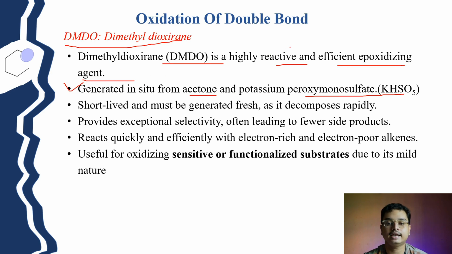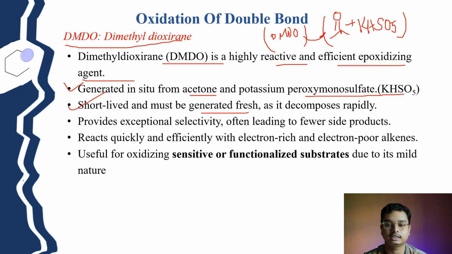So sometimes in the examination it is given as DMDO, or sometimes it is given as the mixture of acetone plus KHSO5. Both are the same, and it must be generated fresh, because the structure of DMDO is something like this.